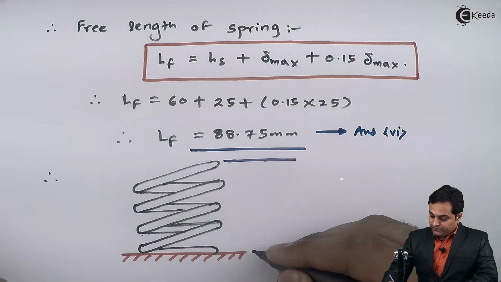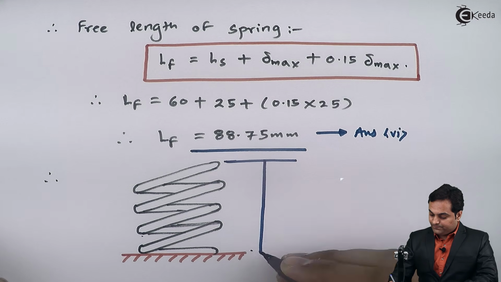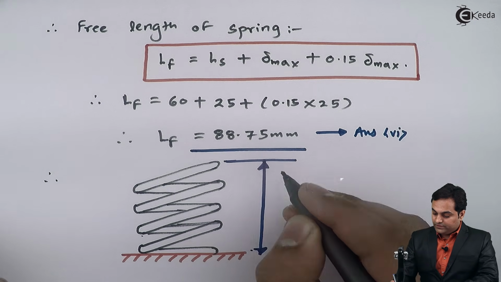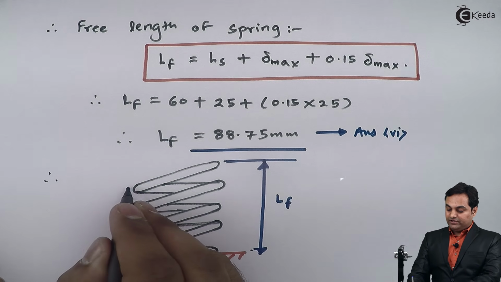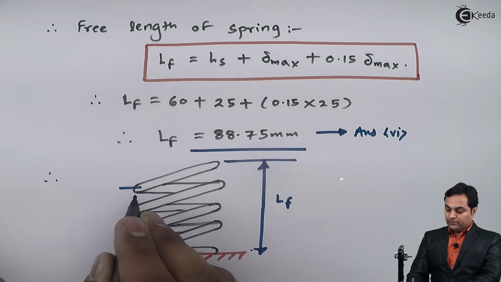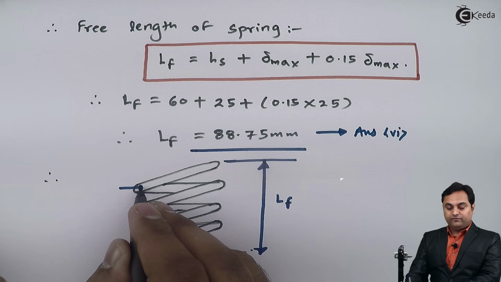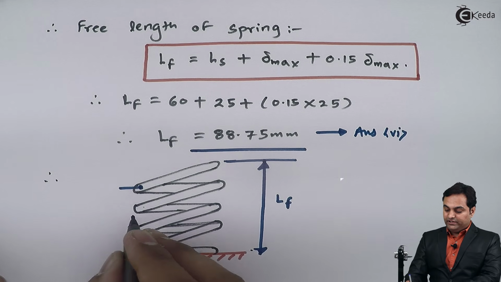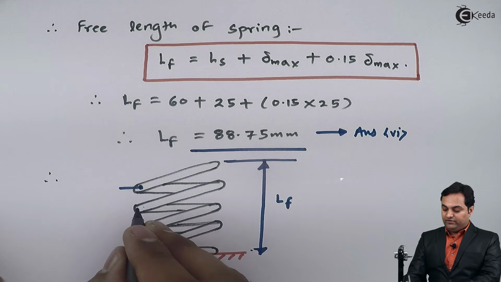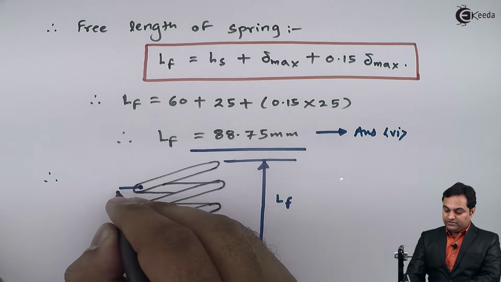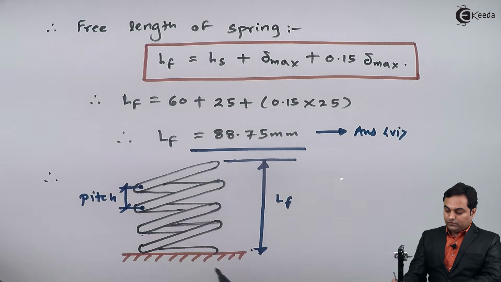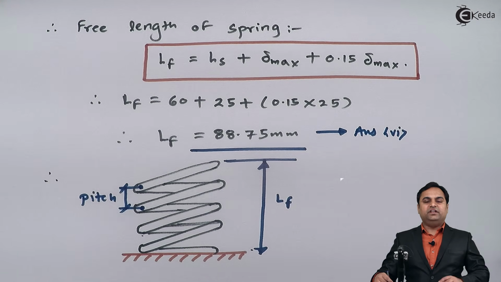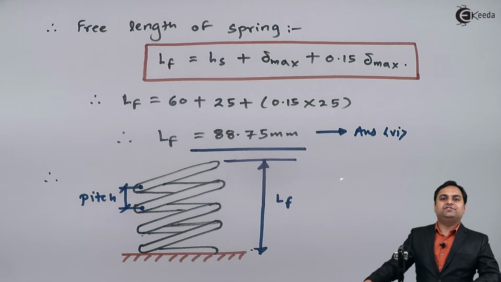So this complete length is the free length of the spring, and the maximum deflection we can measure from the total, as we are getting the deflection at each of the ends. And here is the pitch. So free length indicates the length of the spring in the unloaded condition.